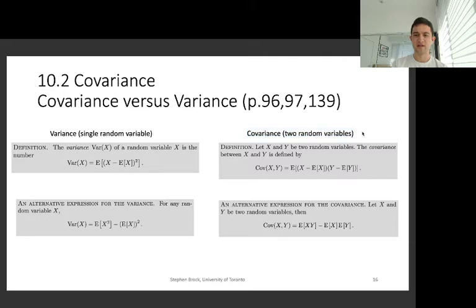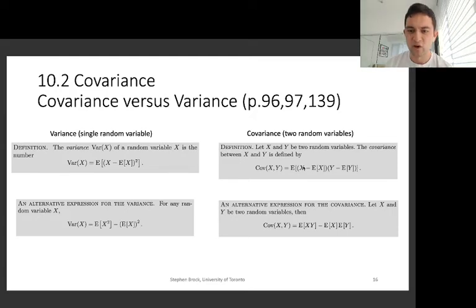All right, so if we look at the first definition of covariance, now we're looking at two random variables instead of one. Instead of having (x minus the expected value of x) squared, we have (x minus the expected value of x) times (y minus the expected value of y).